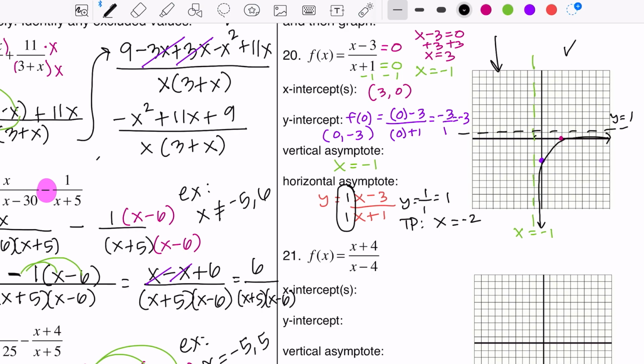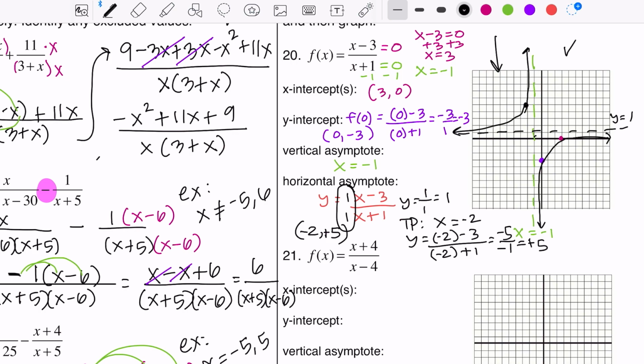So that's going to be -2, and then I plug that in. Which equals -5, so my test point is going to be (-2, -5). JK, it's going to be +5 because a negative divided by a negative is a positive. And since it's in the upper part, it's going to coast along there.